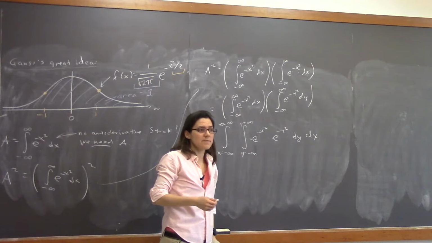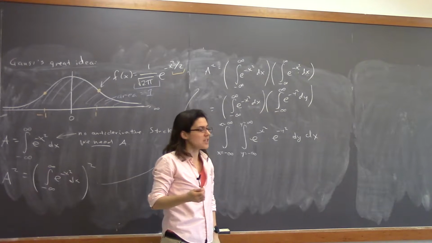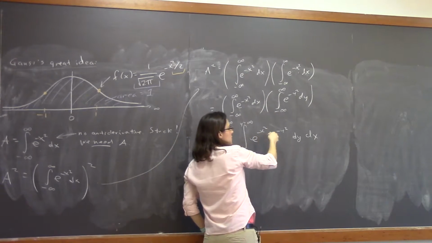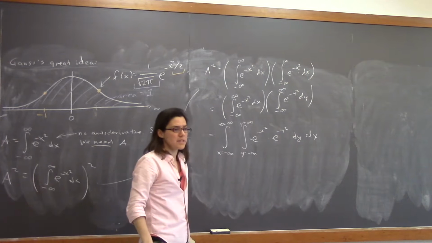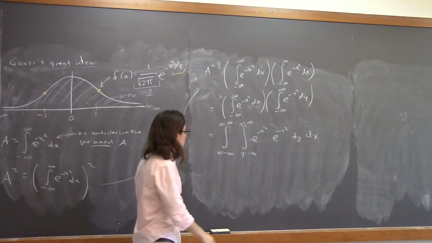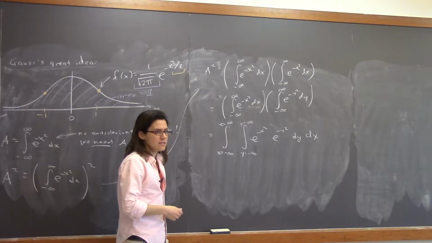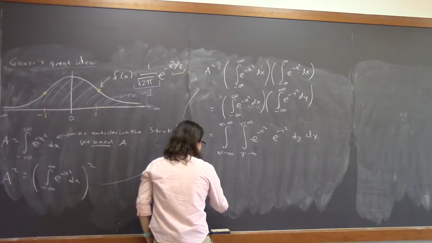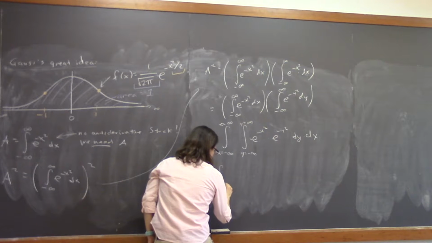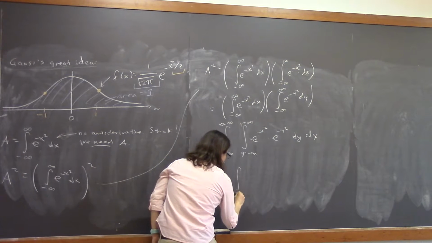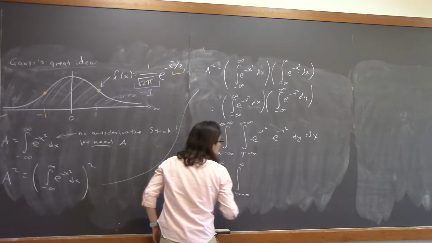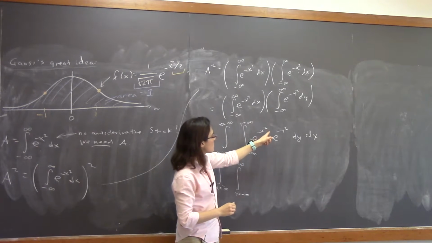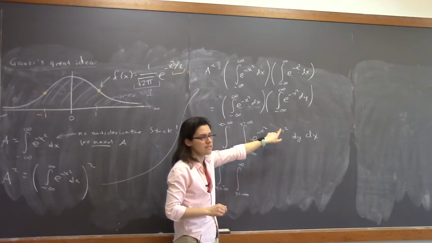So this is actually something that you're welcome to do when you're doing integration. If your functions are each only of one variable, you can split it up into multiple parts. Okay. You see the clever trick coming? So the clever trick is to realize, let's see, this is the integral from x equals negative infinity to infinity, integral from y equals negative infinity to infinity. Okay. E to the negative x squared times e to the negative y squared.